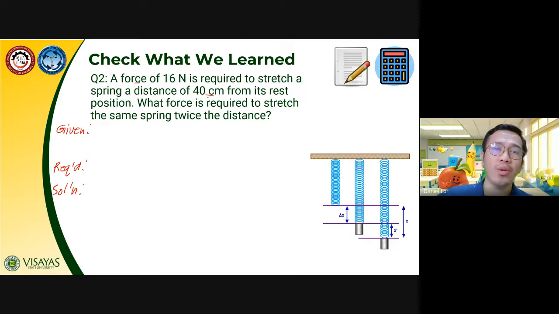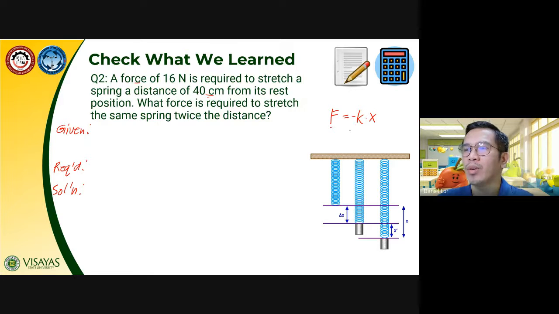So from that alone, we know that the formula that we need to use is the Hooke's law formula, which is F is equal to negative K times X, wherein F is the force, K is the elasticity constant or spring constant, and X is your displacement.